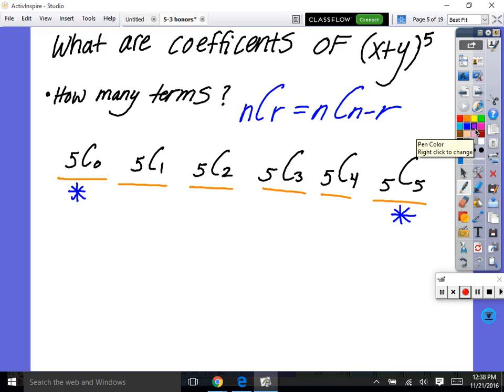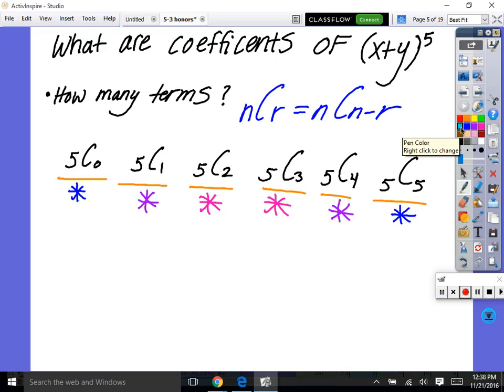Everybody good with that? Okay, 5 choose 1. What's 5 minus 1? 4. So this will be the same as 5 choose 4. 5 choose 2. What's 5 minus 2? 3. So 5 choose 2 is going to be the same as 5 choose 3. So look, it's going in an even pattern here. That's why. So let's go ahead and calculate these first 3, and then we'll know the end 3.